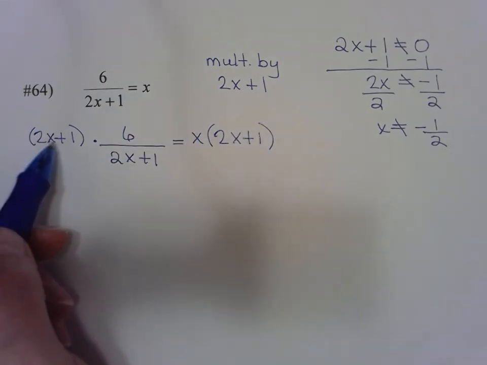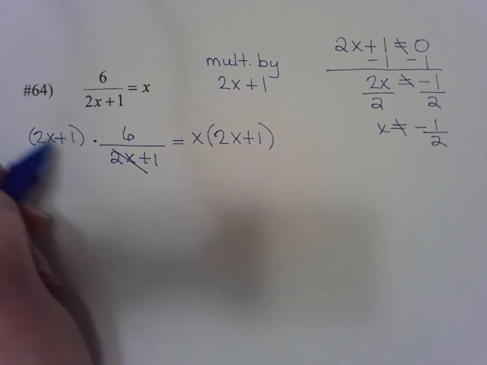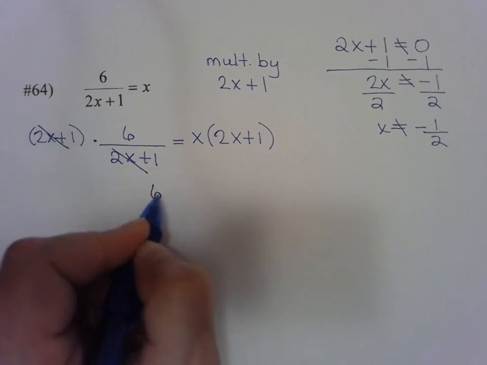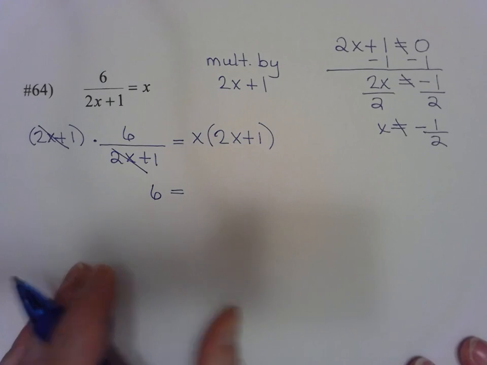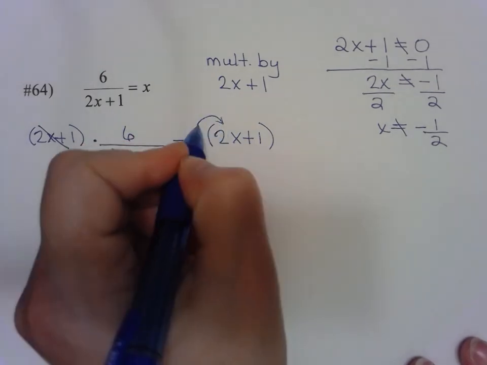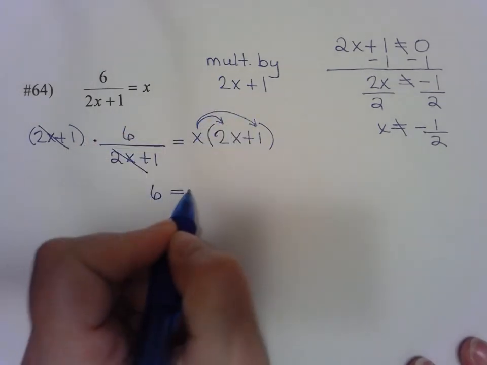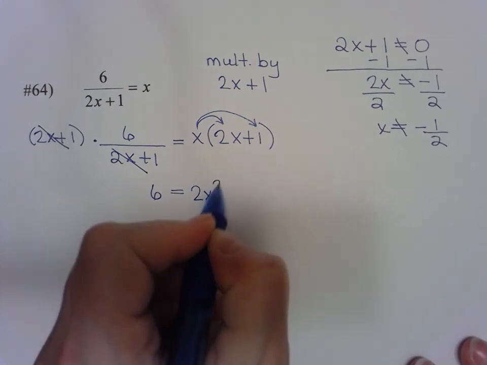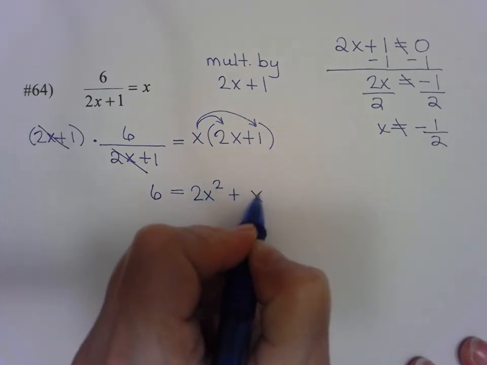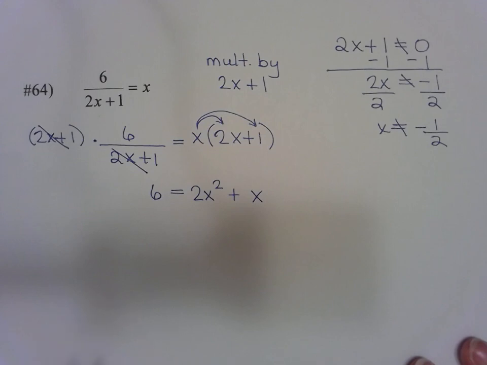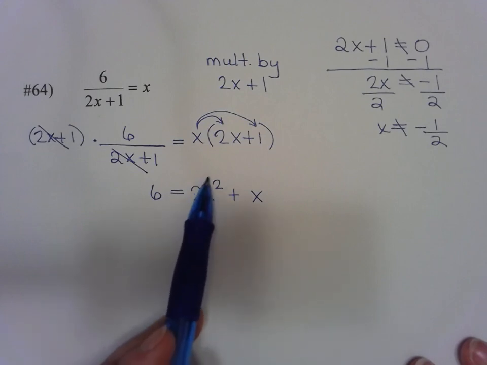Okay, on the left, these are going to cancel just like we expected. On the right, we're going to distribute this x. That's going to give us 2x squared plus x. What makes this different is the x squared term, right? We didn't have that before.